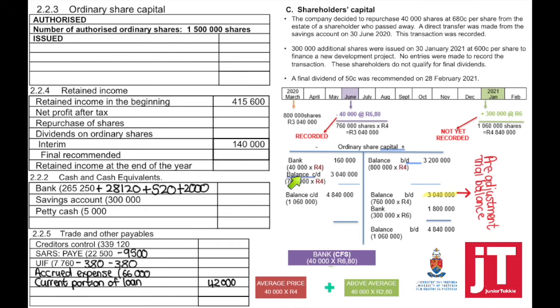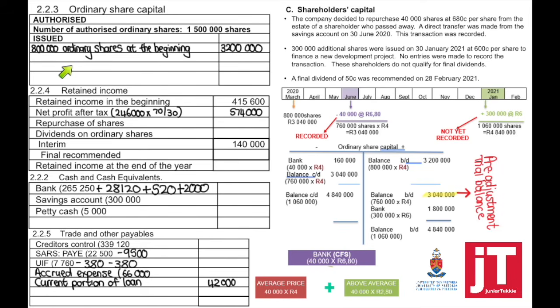The repurchase of the shares at average price is 40,000 times 4, which is 160,000. So to calculate the balance in the beginning, we are going to add everything on the debit side, and that equals 3.2 million.